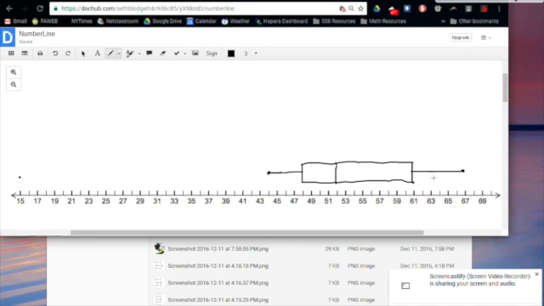I can also say that 25% of my data is between 61 and 67. That's basically the size of my whisker there. I also know 25% of my data is between 61 and 52. That's my upper, sort of the third quarter in here.